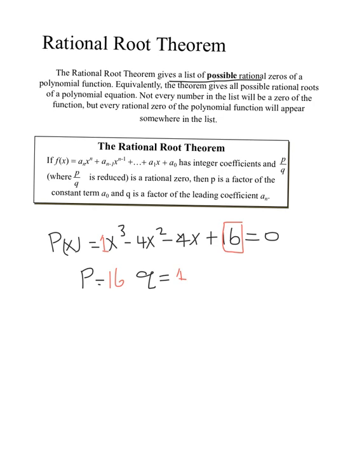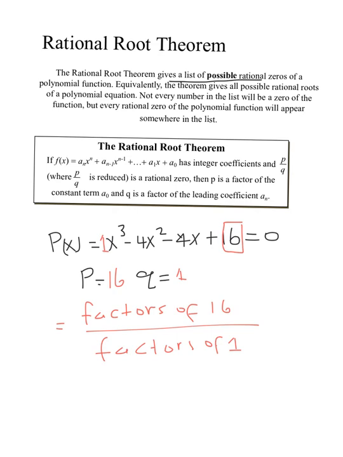And then the next step would be to write all the factors of 16 over all the factors of 1, and when you do all that, this will give you a listing of all the possible zeros.